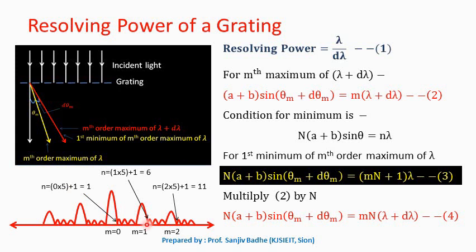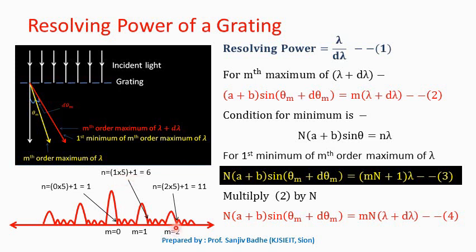If you consider this one, the first minimum of the first order maximum, and count its order from the center, it will be 1, 2, 3, 4, 5 and 6. So we can get the order of this minimum as 1 into 5 plus 1. So order multiplied by the number of lines on the grating plus 1.